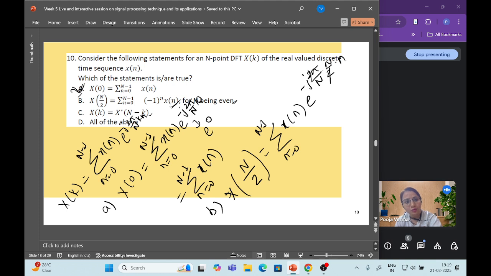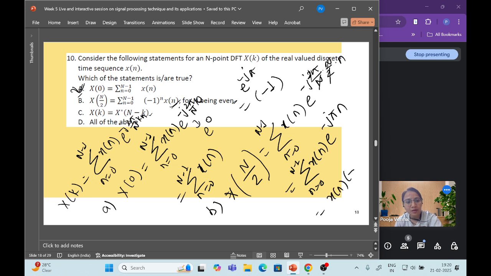So 2 will be cancelled out, N will be cancelled out. Here we will get the summation of x of n e to the power minus j pi n, and already we know that the value of e to the power minus j pi will be minus 1. So e to the power minus j pi n will be minus 1 to the power n, with the summation n varies from 0 to N minus 1. So option B is also the correct one, because they are giving this condition for N being even.